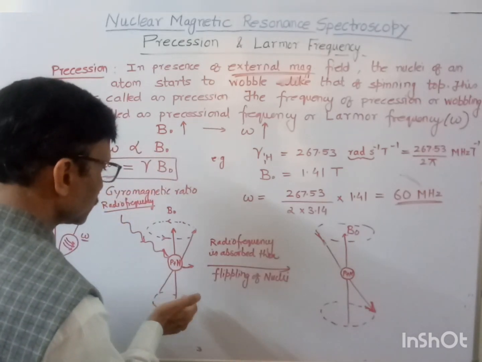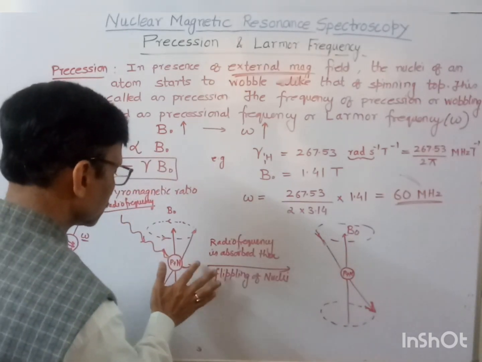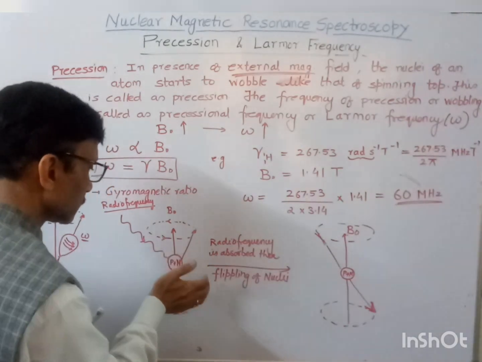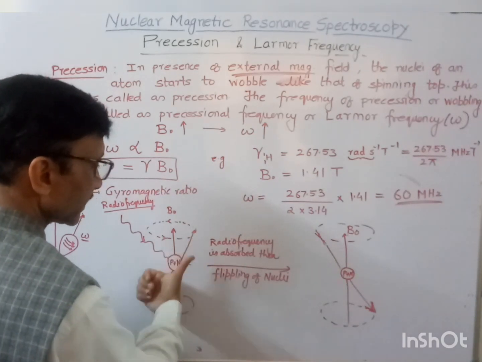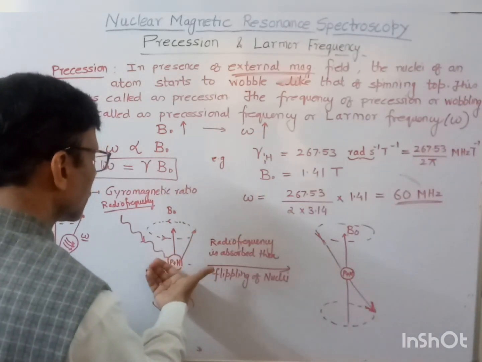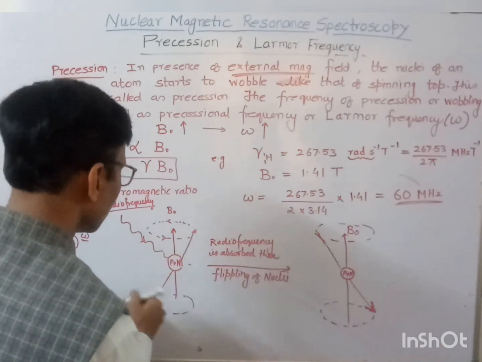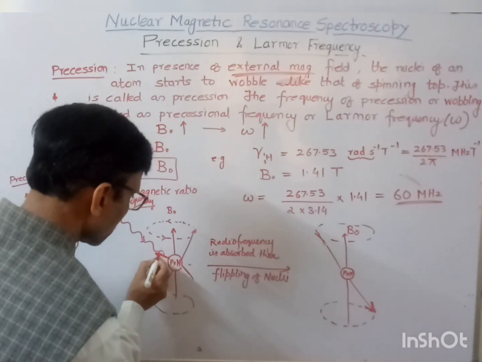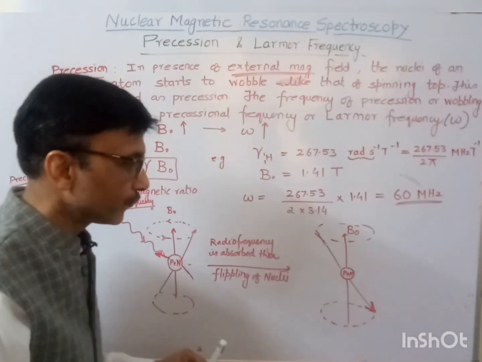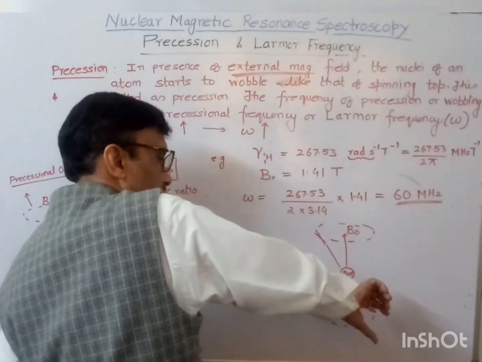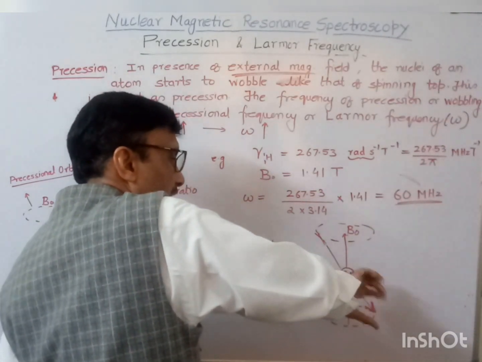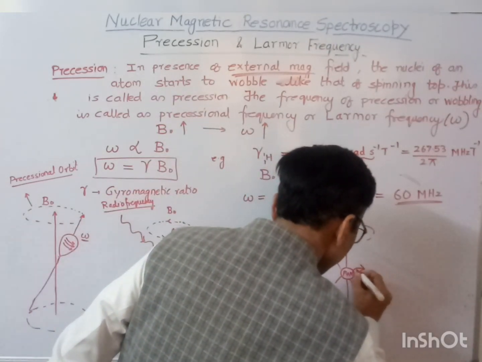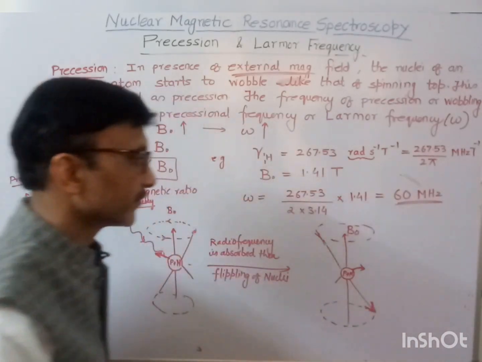So if this is the magnetic field direction, then it is rotating in this direction. So I should rotate it like this. This is the direction of rotation. Now it has flipped. So now this is the direction of rotation, this is the direction of magnetic field, and the nuclei will now rotate in this direction, and this is the direction of magnetic field.